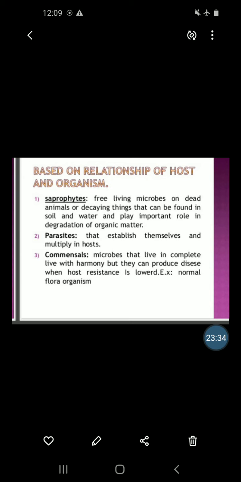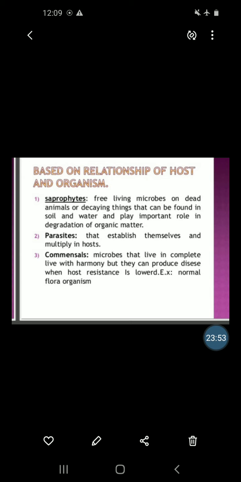These are the free living microbes on dead animals or decaying things that can be found in soil and water, and they play an important role in the degradation of organic matter.